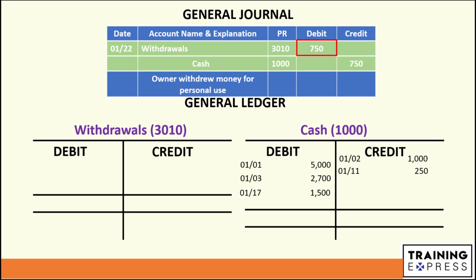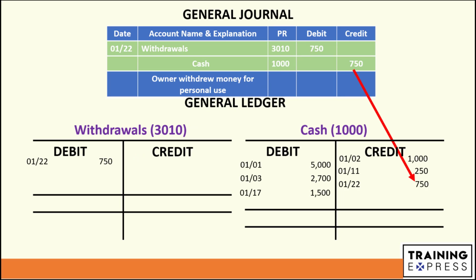Withdrawals debit by $750, so we will write $750 on the debit side of withdrawals account. Cash is credit by $750, so we will write $750 on the credit side of the cash account. Now let's look at the posting process again. As you can see, withdrawals are debit by $750, so we are writing $750 on the debit side of withdrawals account.